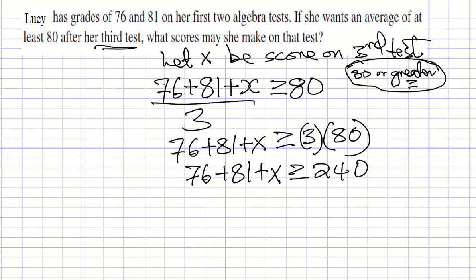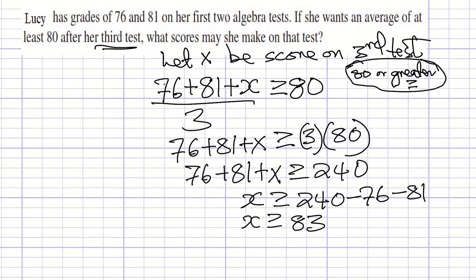Then we'll start moving things to the other side. We'll have x greater than or equal to 240 minus 76 minus 81. Okay, when you subtract out those two numbers, you have x greater than or equal to 83. That's what you get.